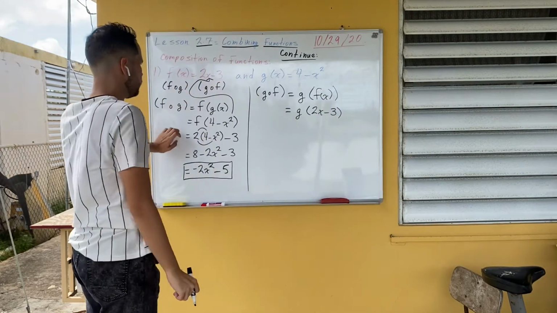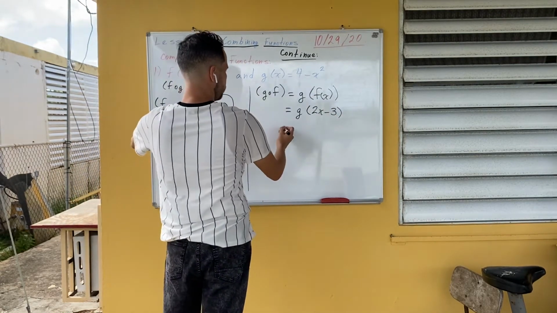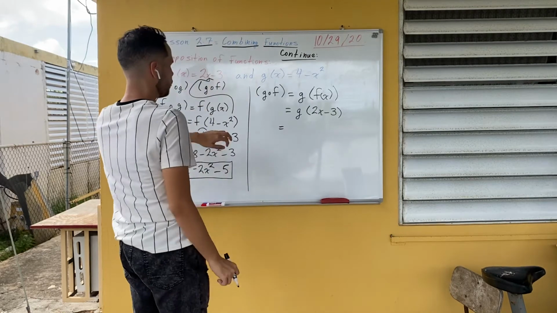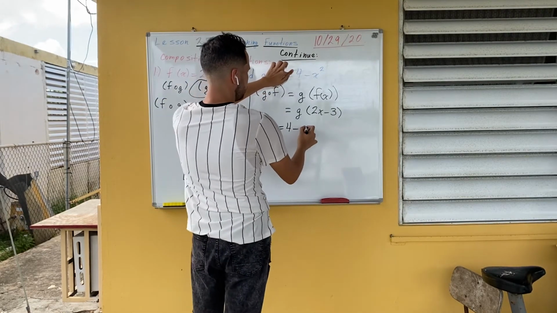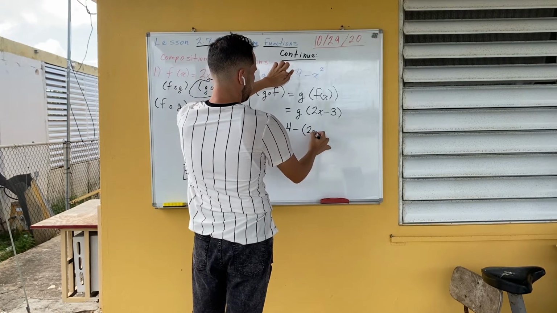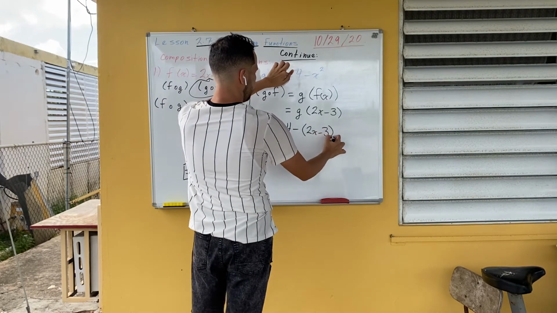So I'm inserting that in this equation. So it's going to be, students, 4 minus 2x minus 3, and that is squared.